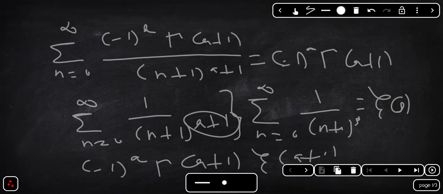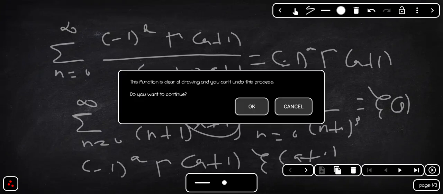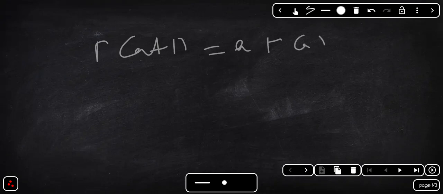But I would like to give you one property of the gamma function. If you have gamma of a plus 1, this is going to give us a multiplied by gamma of a. And also, gamma of a is equal to a minus 1 factorial.